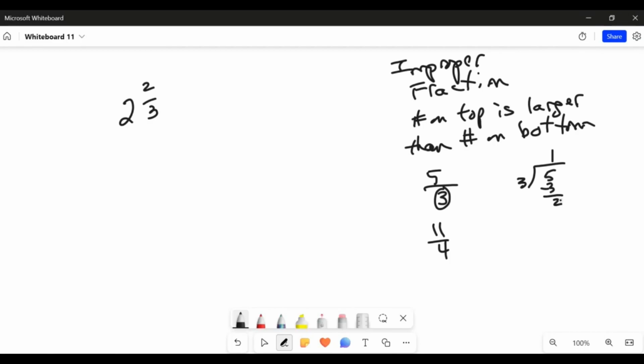Subtract, and we get 2. There's a remainder of 2. So 5/3 is 1 2/3.